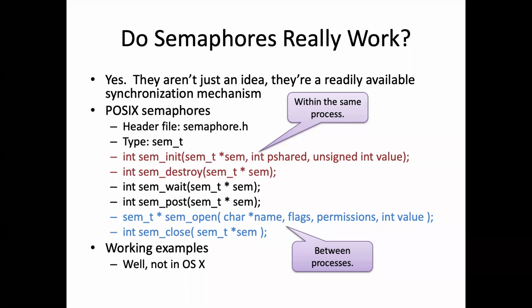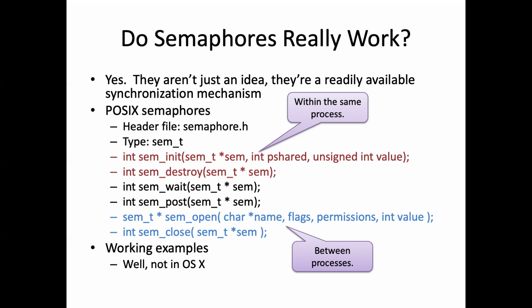I mentioned this already. If you're using a Macintosh and you're developing on your Macintosh, so not in a VM or not logged in somewhere, be aware that this API doesn't work. At least last time I checked, it didn't work. It compiles just fine, but things like a sem wait don't actually make your process wait. Apple has chosen not to implement this API.